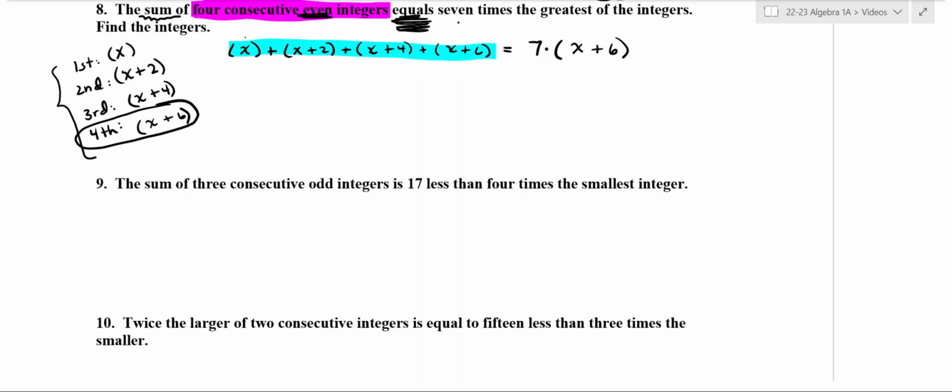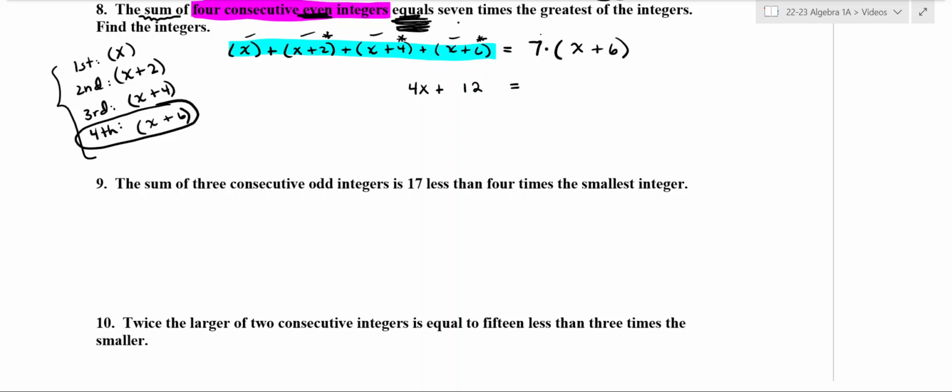So here we go. I have 1, 2, 3, 4 x's. And for the constants, I have a 2, a 4, and a 6. So that's 10, 12.